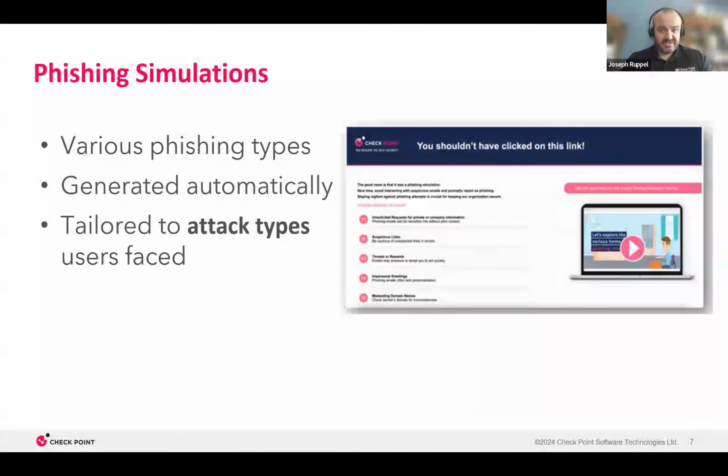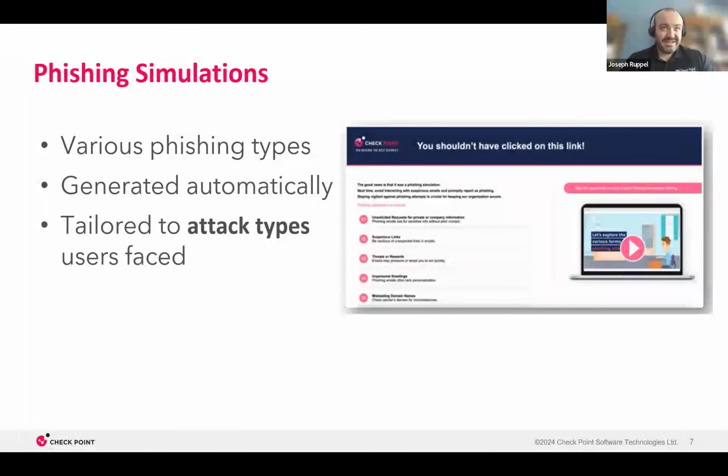The phishing simulations themselves, there are many different types. They're generated automatically. They are tailored, and this is important, to the attack types users faced. Remember, this product is a piece of Harmony Email. And if you've ever looked in the analytics section of Harmony Email, you can see who is attacked, but also what sorts of attacks they are receiving.